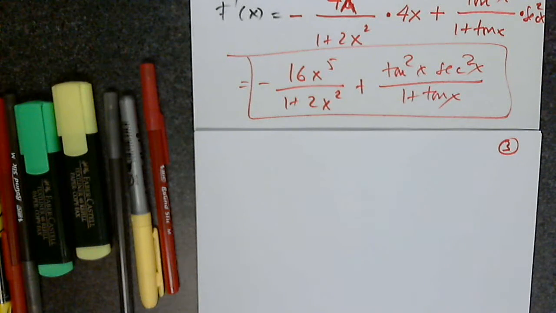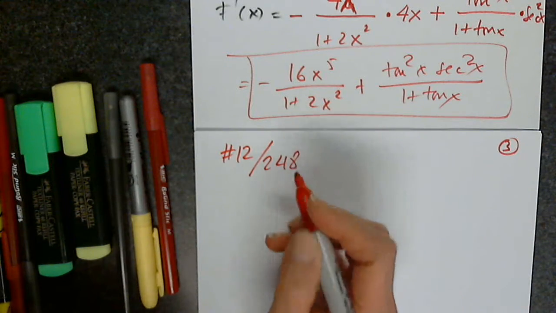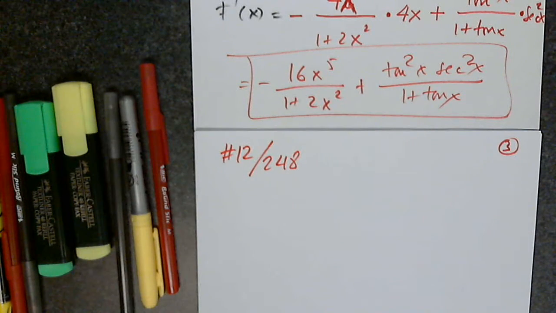I don't know if there is anything left. Oh, yeah, problem 12. It just caught my eye. It's in red as well. On page 248: if a snowball melts so that its surface area decreases at a rate of 1 centimeter squared per minute, what do I write?